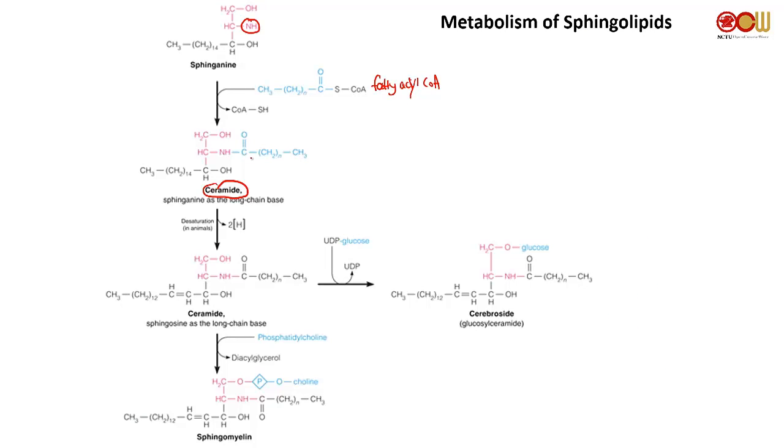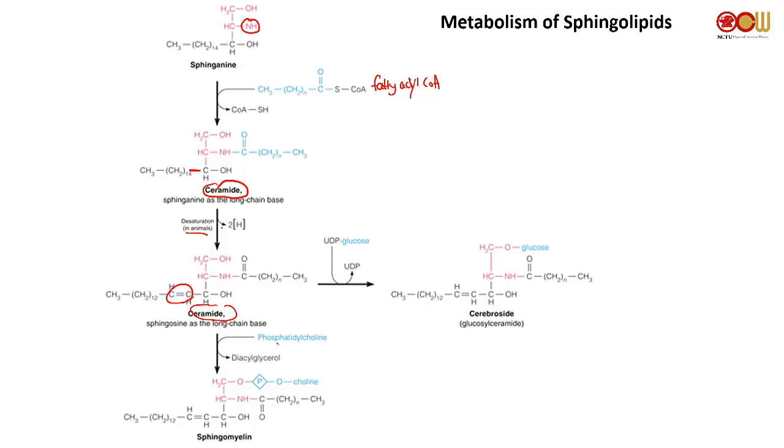So ceramide, once you get ceramide, it's single bonds, all of them are saturated, and then you can do a desaturation, in animals. And then you generate this ceramide, but with an alkene inside. I don't know why they're both called ceramides, but it's just their naming. And then from the ceramide, you can start adding different things.